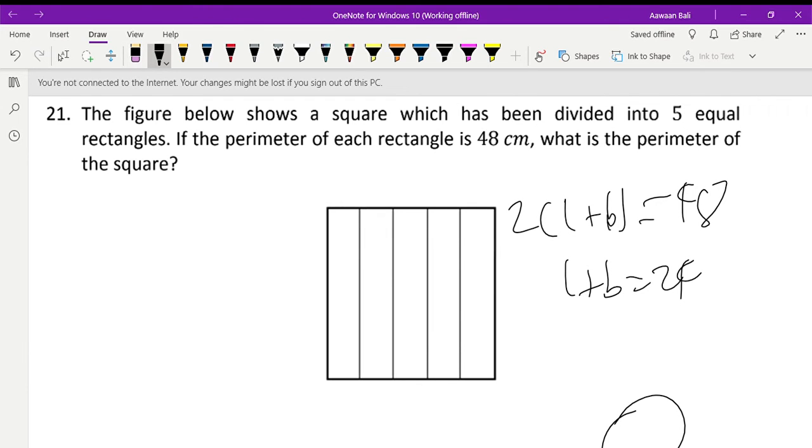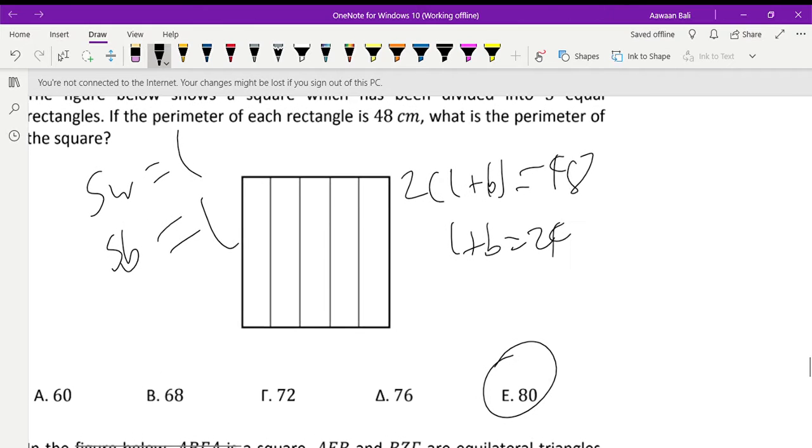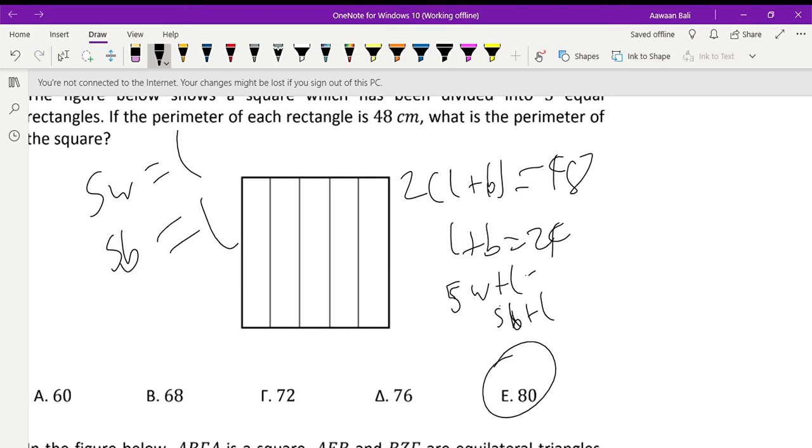Now it says that since there are 1, 2, 3, 4, 5, like basically 5 widths or 5 breadths is equal to the length, which means that we can say 5 widths plus length, or 5 breadths plus length. Oh, sorry, other way around.